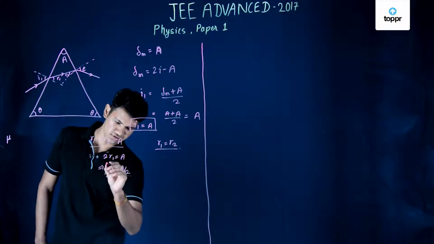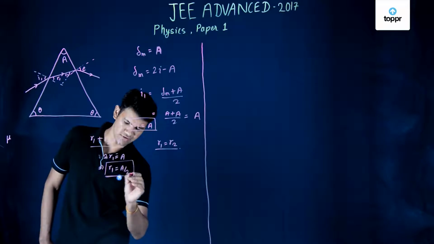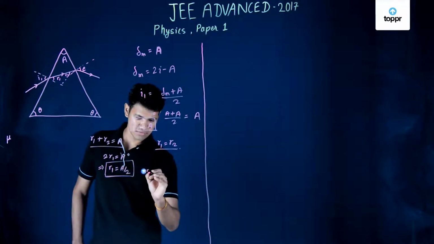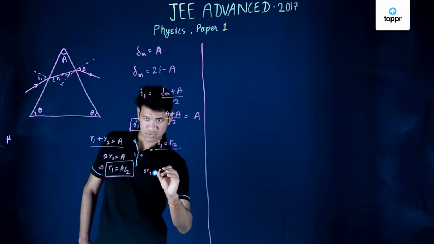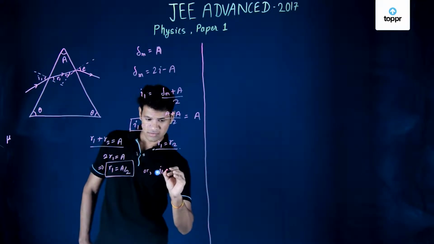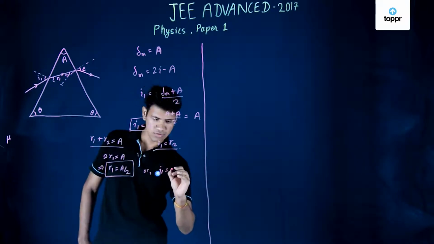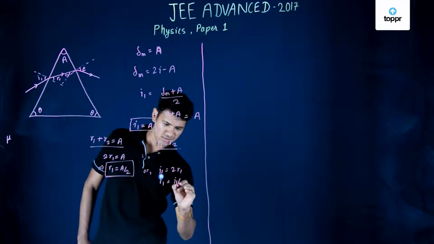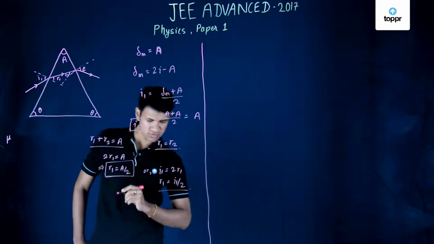Now we know the value of R1 and I1 in terms of A, so we can relate them and say I1 is equal to 2R1 or R1 is equal to I1 by 2. Hence the first option is correct.